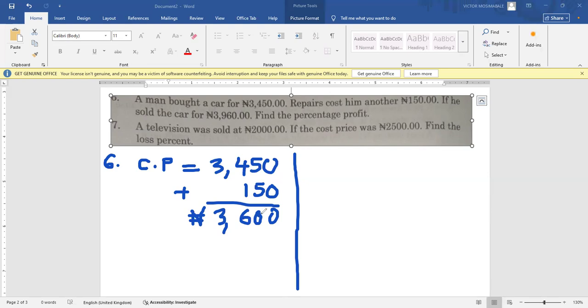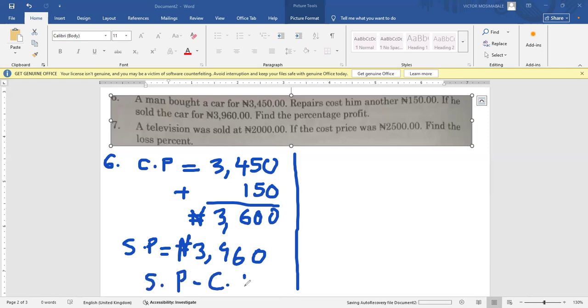3,600 naira. That becomes the total cost price. So the selling price is given as 3,960 naira. We are required to find the percentage profit. So that is selling price minus the cost price.